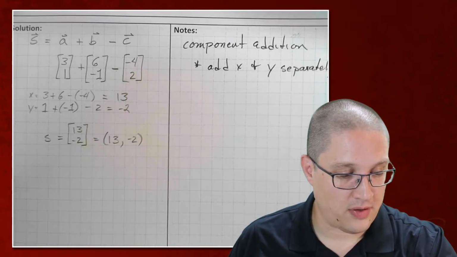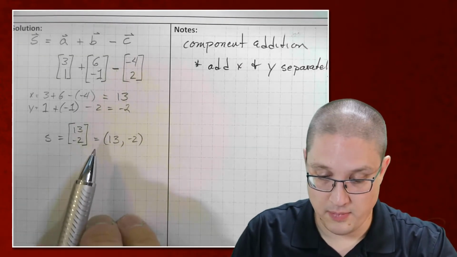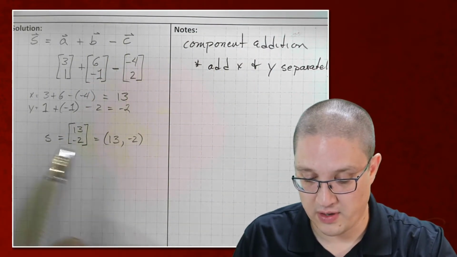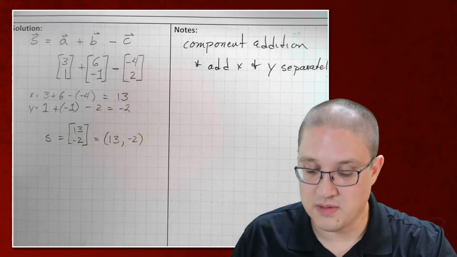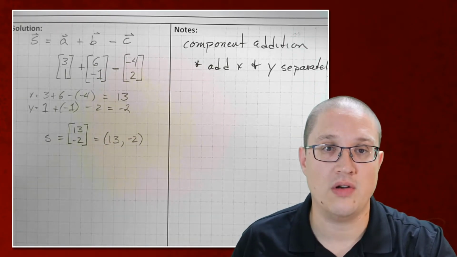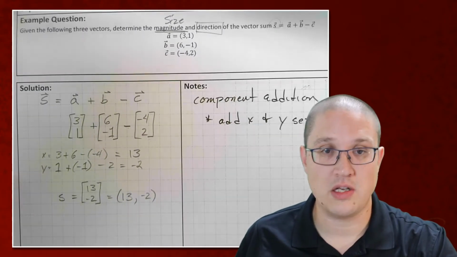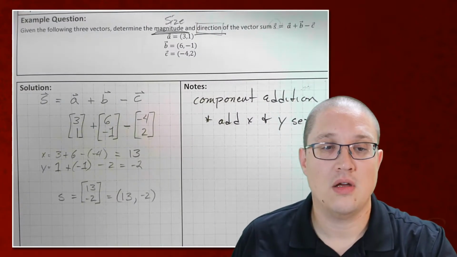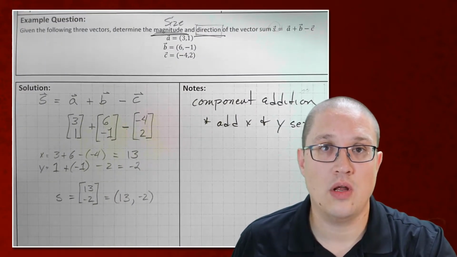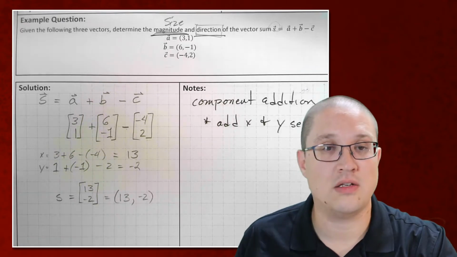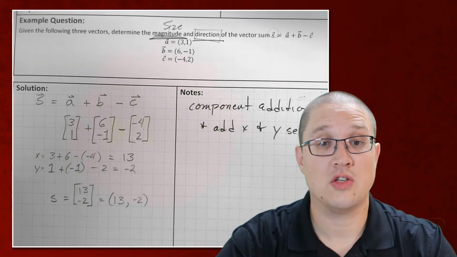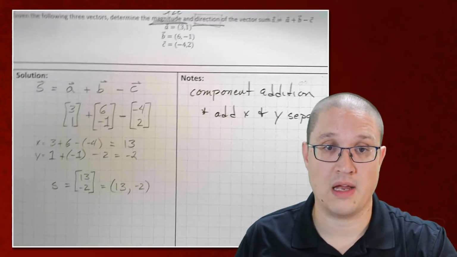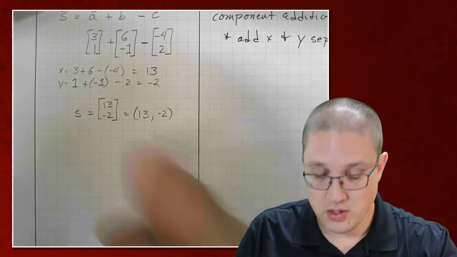Please also note that the units here will be based on the question. This here gives me my vector s in component form. But if you notice, my question actually asked for the magnitude and direction. So 13 and 2 is not in magnitude and direction. This is in component form. So I need to turn this into a vector with magnitude and direction.